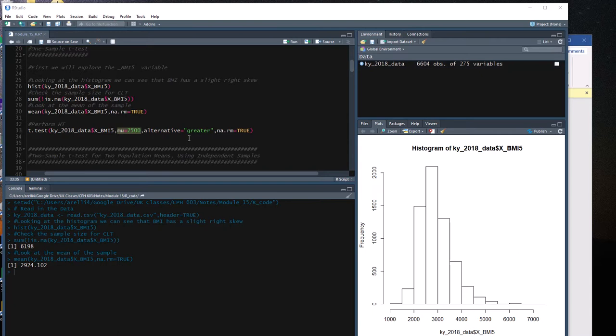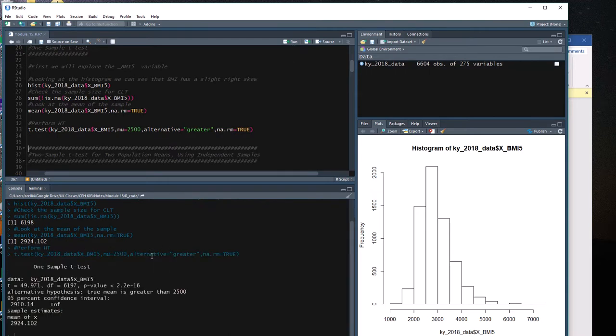So that's why we've got 2,500 here. And on the alternative, we have greater, because this is a right-tailed test. And most of the times when you work with quantitative data or functions that deal with quantitative data, you're going to need to add this argument here, which tells it whenever you do any calculations to remove the missing data. So let's run this.